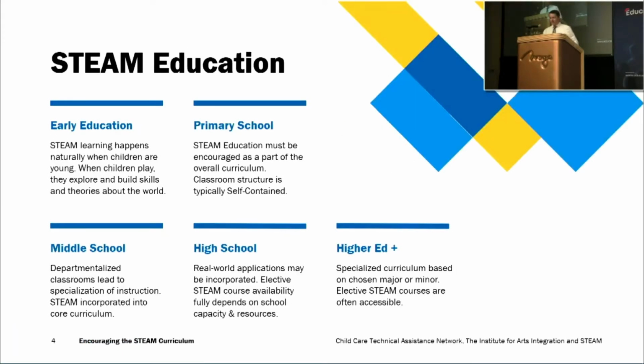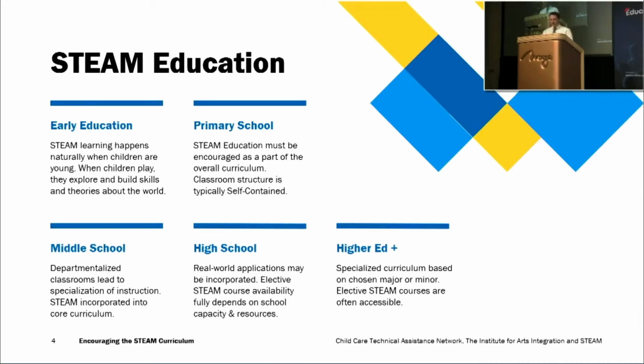Okay, so in early education, it happens organically. You play, you explore, and you are doing science, you're doing math, you're doing these things as you learn. In primary school, it's encouraged as part of the core curriculum. These are self-contained classrooms primarily. We'll talk about that on the next slide. When you get to middle school, you get departmentalized classrooms, so the STEAM learning, again, needs to be encouraged as part of the curriculum.